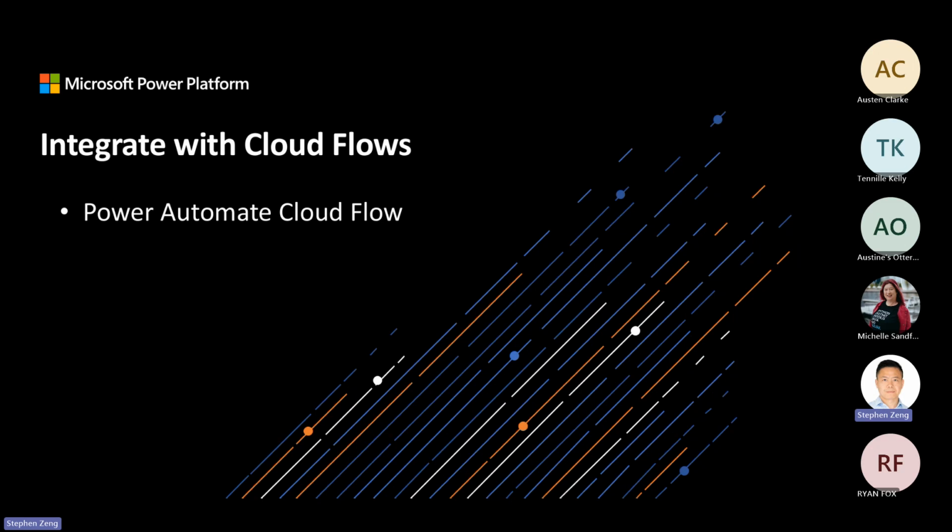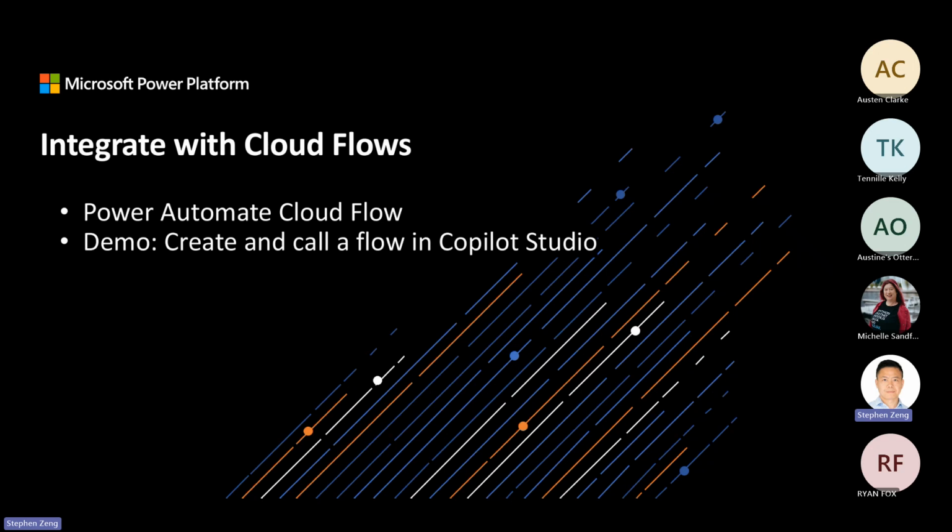Or in Copilot Studio, you can call a cloud flow to submit an order request or do some actions, like book a ticket, etc. So with the integration with cloud flow, you can do many more things. Let's do a quick demo.